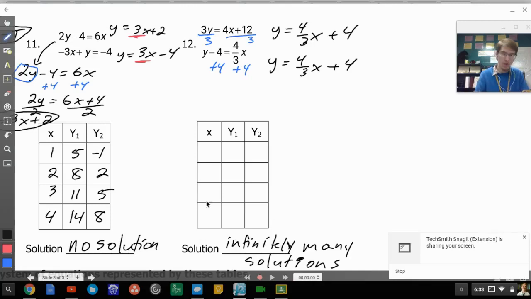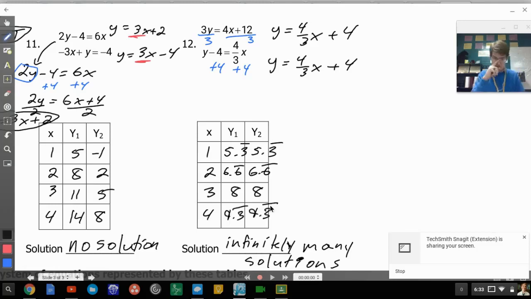All right, so I got 1, 5.3, 5.3, and those are actually repeating. 2 is 6.6 repeating for both of them. 3, 8, 8. 4, it's 9.3 repeating, 9.3 repeating. But the point is, if you look for where they have the same y values, they're all the same. So there are lots and lots and lots of solutions to that.